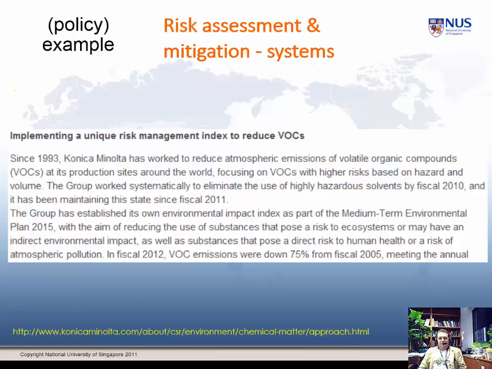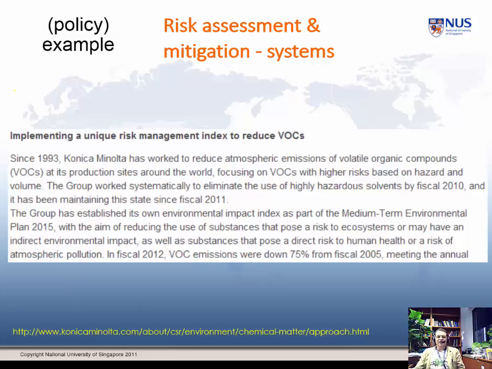Okay, so Minolta have, for a number of years, been trying to reduce VOCs. VOCs have a whole bunch of health risks associated with them and environmental risks. They've developed their own environmental impact index as part of their environmental plan, with the specific strategy or policy or aim to reduce the direct risk to human health and the risk of atmospheric pollution.